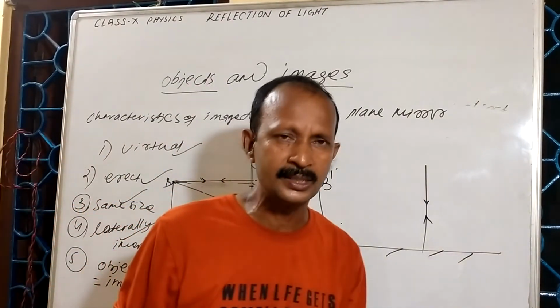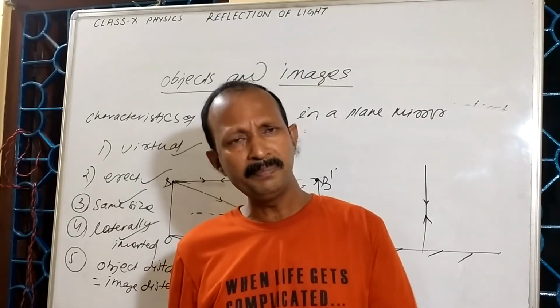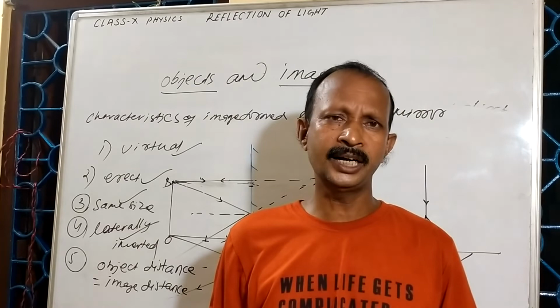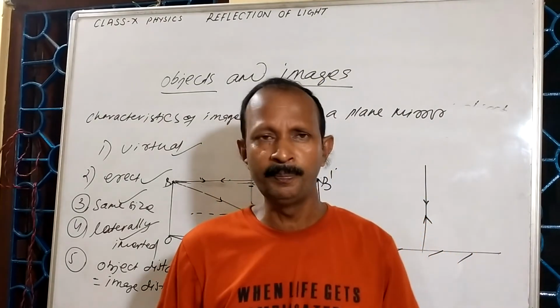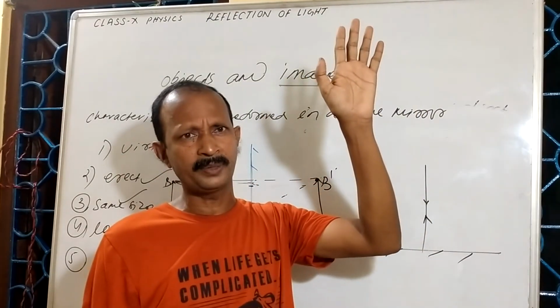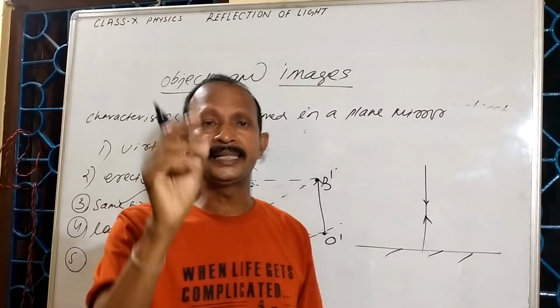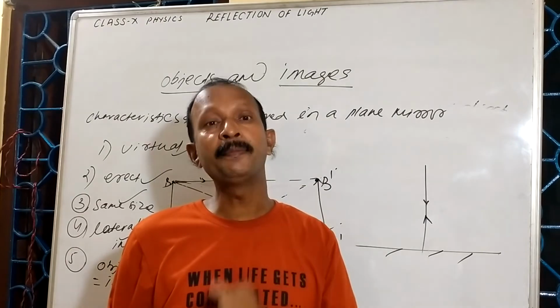Laterally inverted means the left side of the object appears on the right side in the image, and the right side of the object appears on the left side. Suppose you are standing in front of a plane mirror. You are raising your left hand, but for you it will appear as the right hand. If you raise the right hand, it will appear as the left hand.